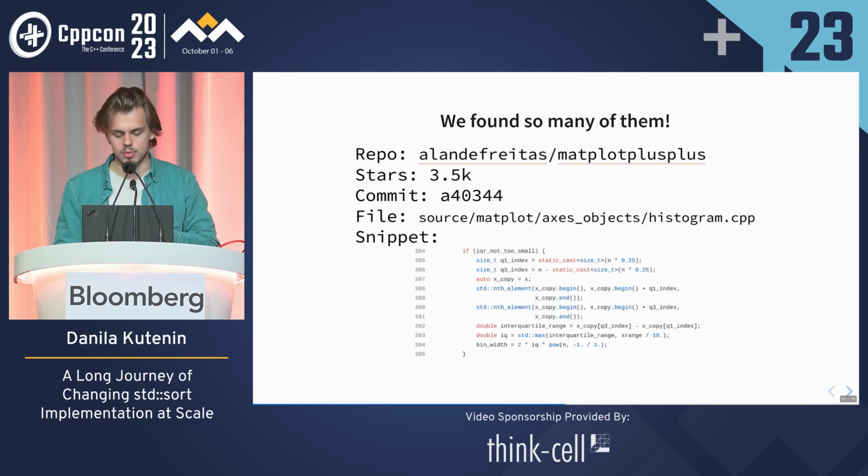It's a famous library for Python, but I might be wrong. You can see they try to compute the interquartile range, but they called nth_element first, and then nth_element a second time, and then they access the elements in the array, and probably they have incorrect results.